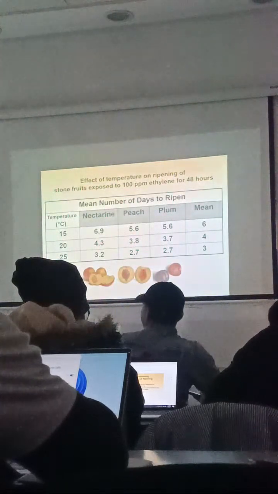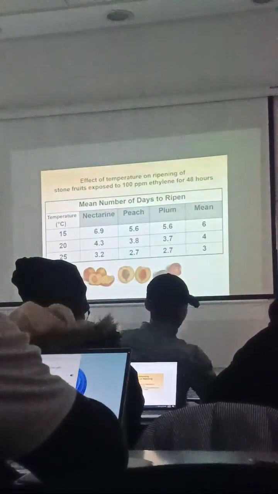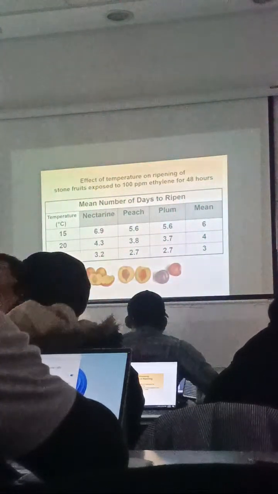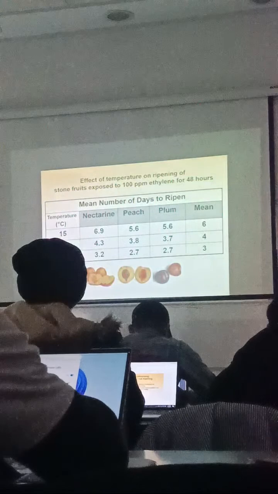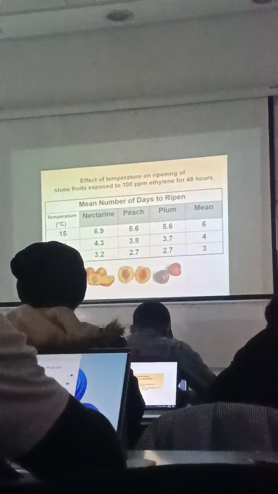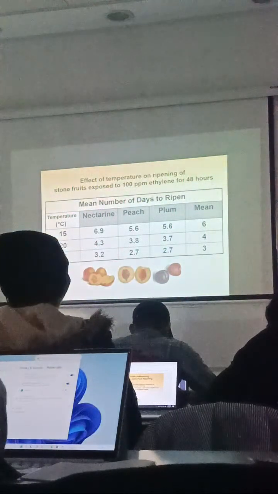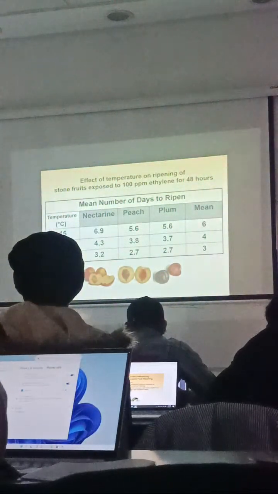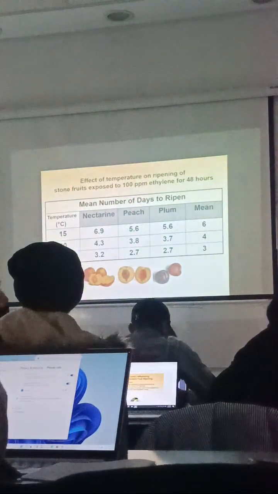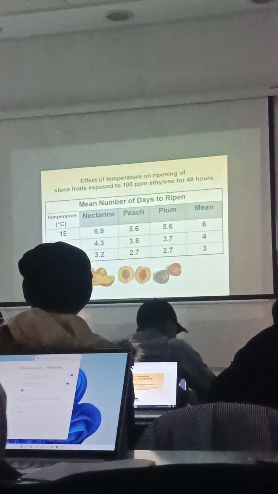You understand? We are controlling the market. And this is a big, big business all over the world. If you work in a packing house of banana, or mango in India, or avocado in California, we are giving ethylene. Also to citrus, we are giving ethylene.